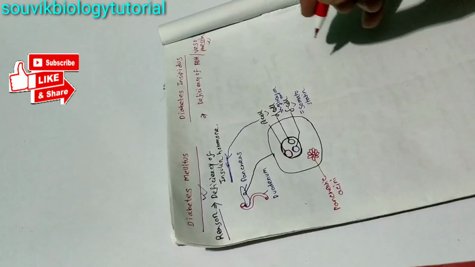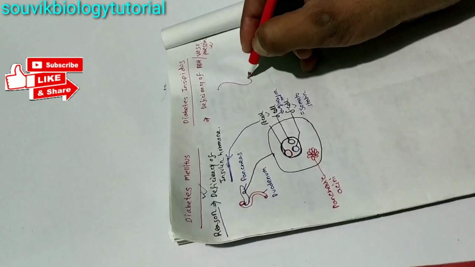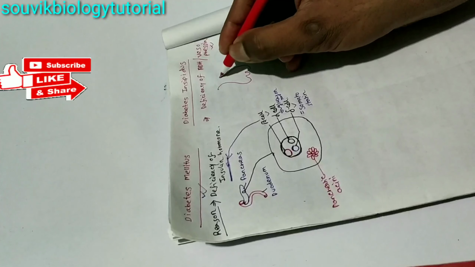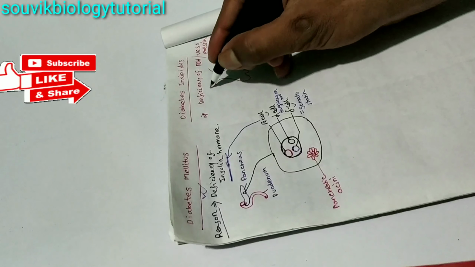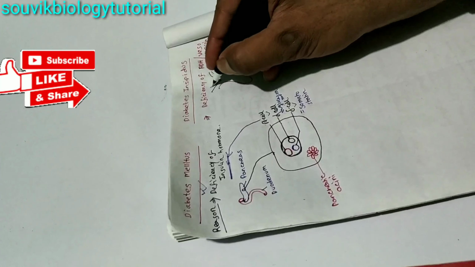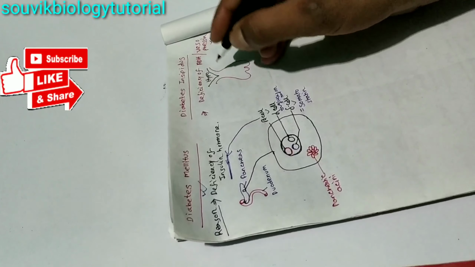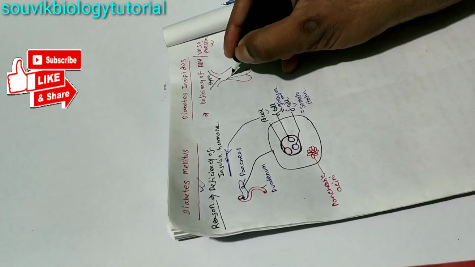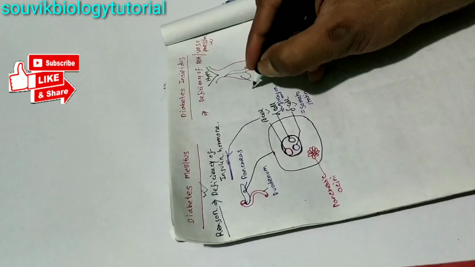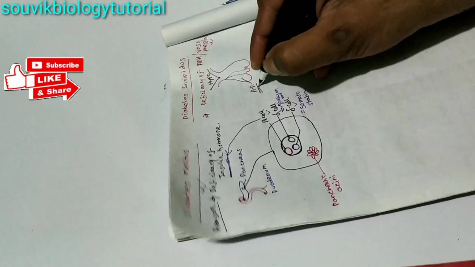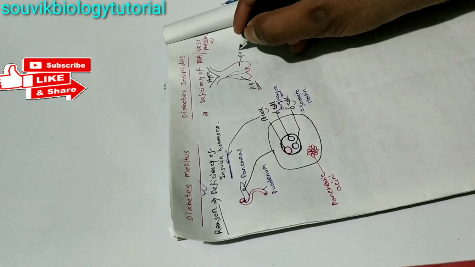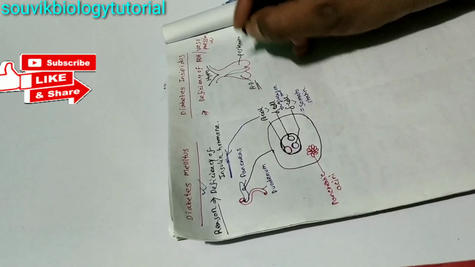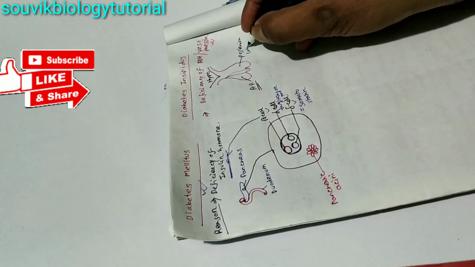Okay. If you see the structure, this is the pituitary. This is the hypothalamus. This is the middle lobe. This is the anterior part of the pituitary. This is the posterior lobe of the pituitary, right? This is the anterior lobe, this is the posterior lobe.